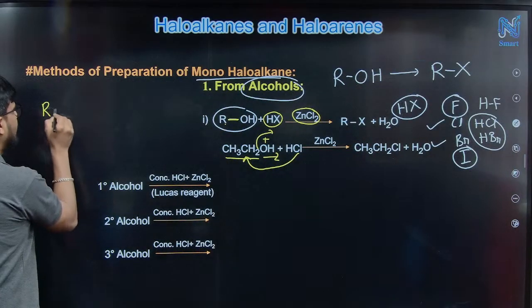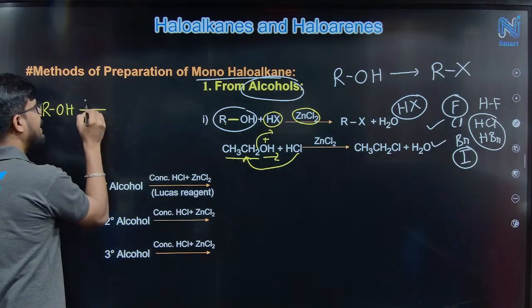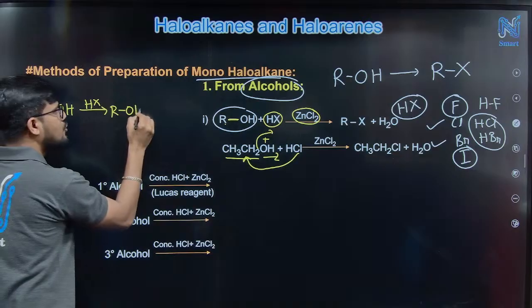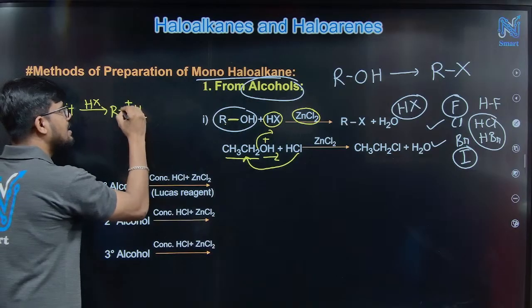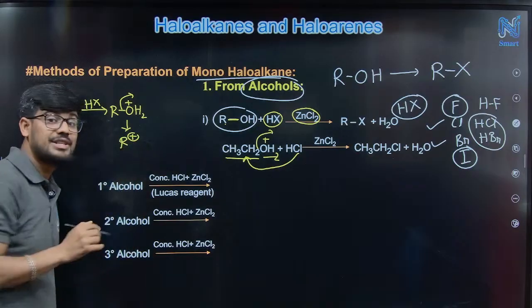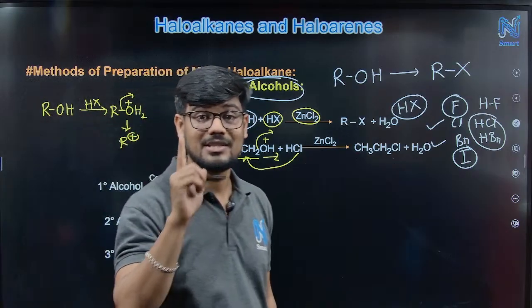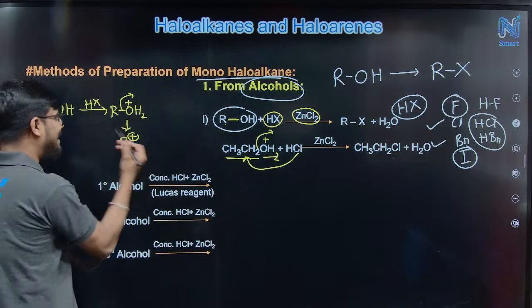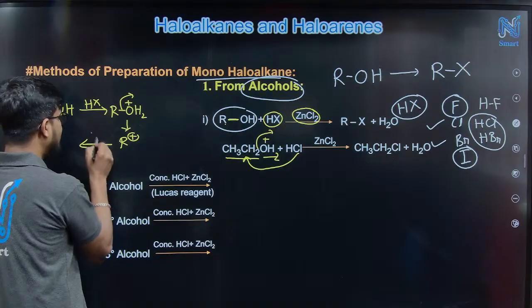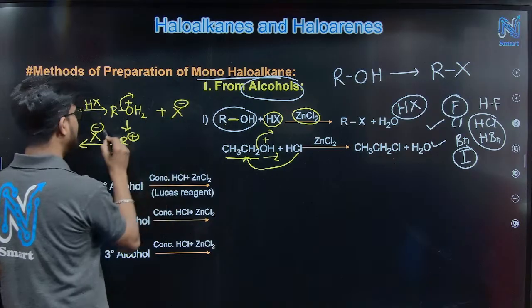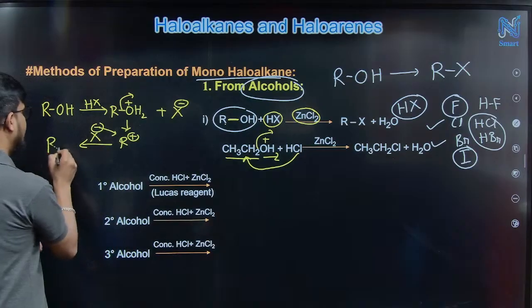ROH we have, and we are adding HX, so we will get ROH2+, then water will be released and you will get R+, which is a carbocation, right? Now this carbocation will be attacked by X-. So X- is already there, na? So here plus X-. This X- will attack this and you will get RX.